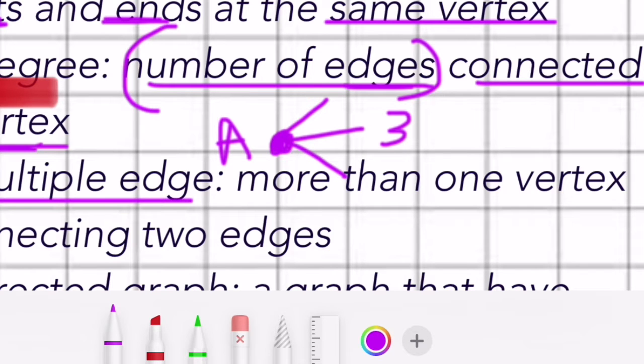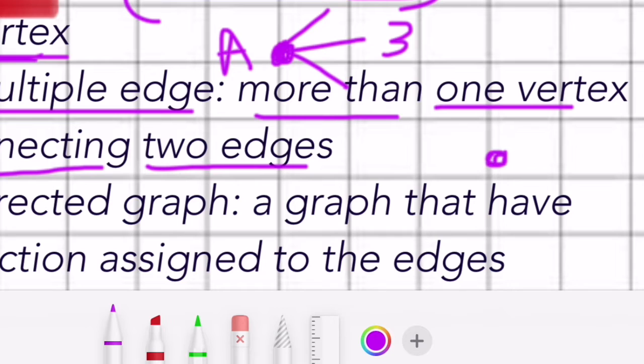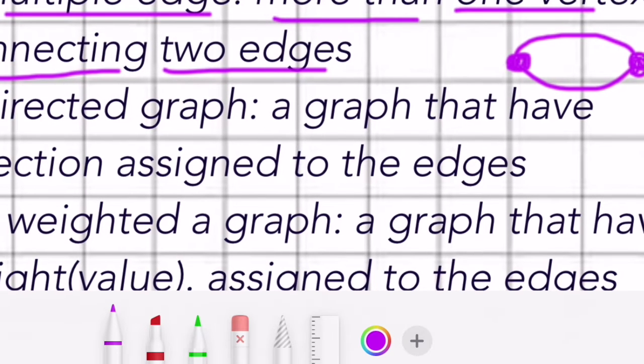Multiple edge means more than one edge connecting the same two vertices. Example, we have vertex here. We have more than one edges. So multiple edge.